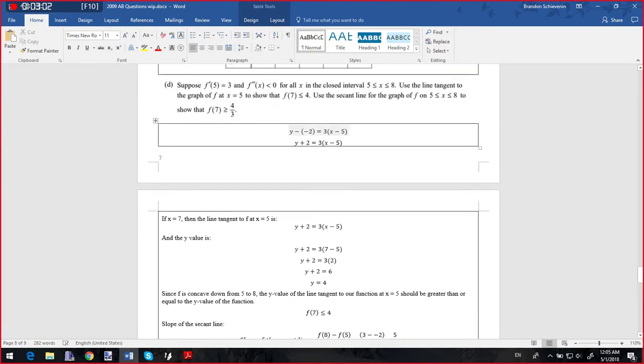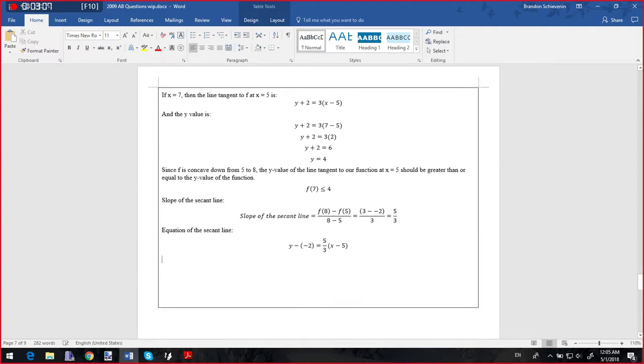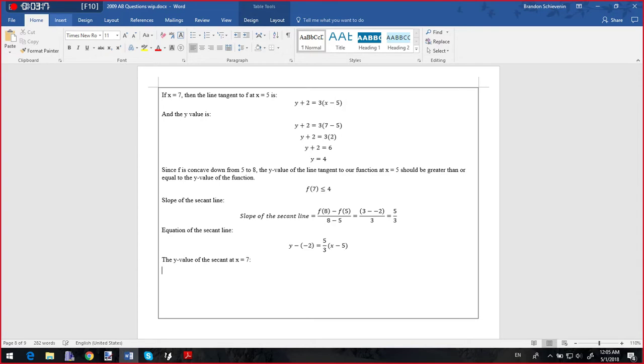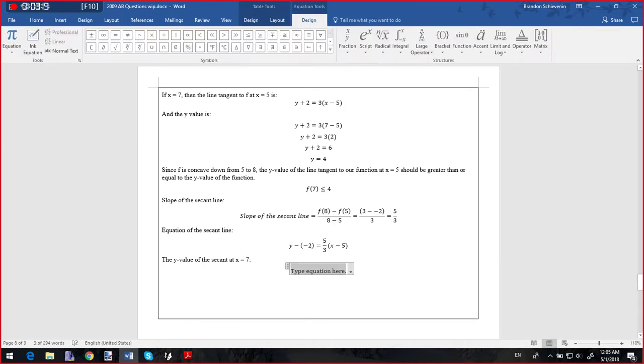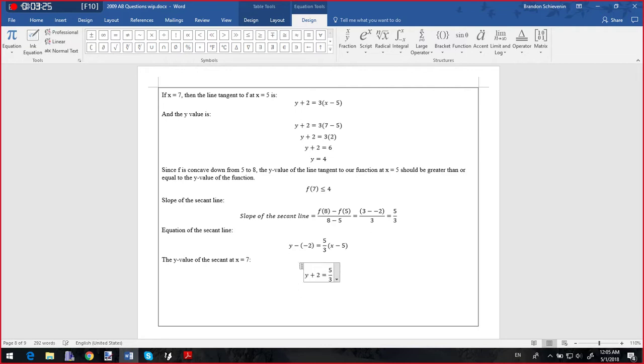Okay, and the last thing we need to do is prove that f of 7 is going to be greater than or equal to 4/3. So I'm going to plug in f of 7. So this is y plus 2 is equal to 5/3 times x minus 5, or x is 7, so this is 7 minus 5.